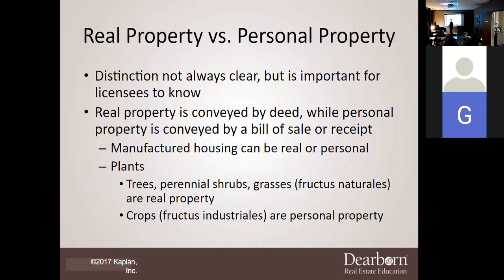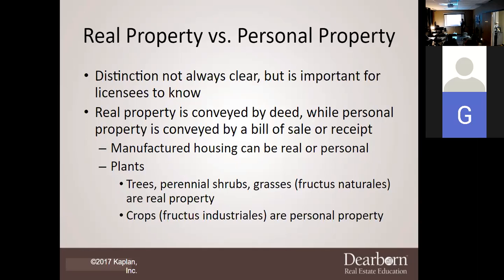The minute that house is put on his land on cinder blocks, and it doesn't have to have a skirting, but if a skirting is put around it, it is now real estate. But Garrett decides, I'm moving, and I want to take my trailer with me, and he puts the wheels back on, and he starts hauling it down the road to another property. Guess what? It went from real back to personal.